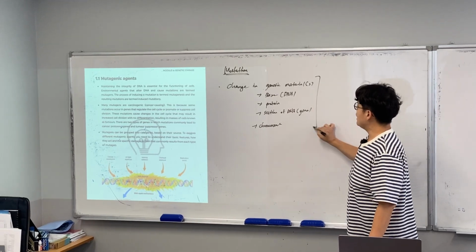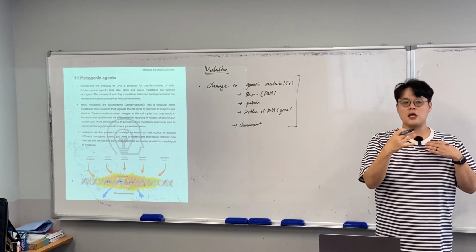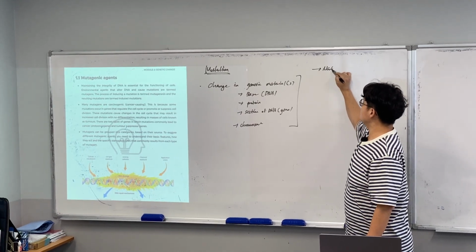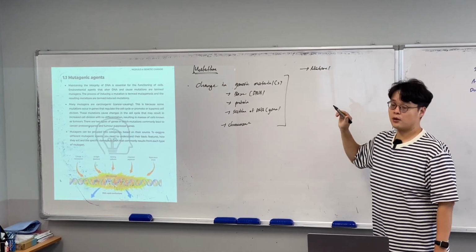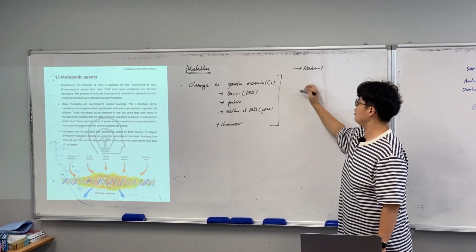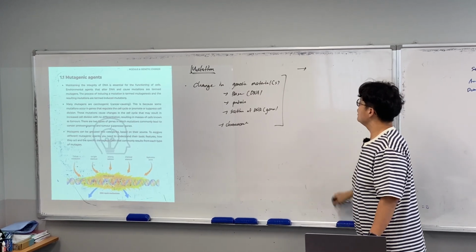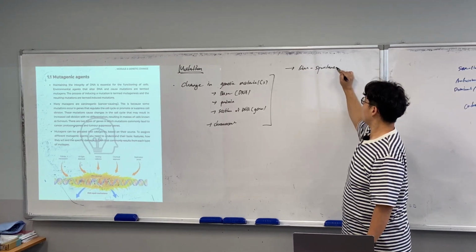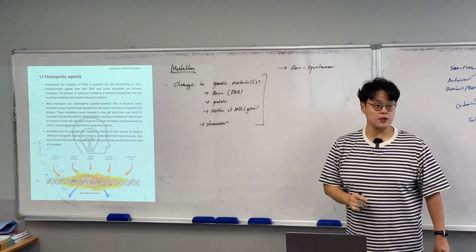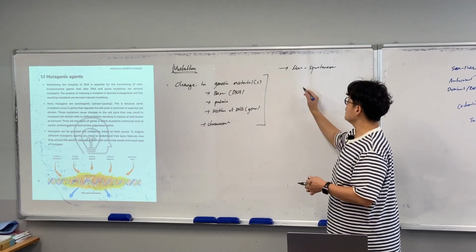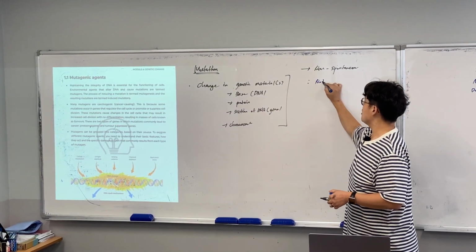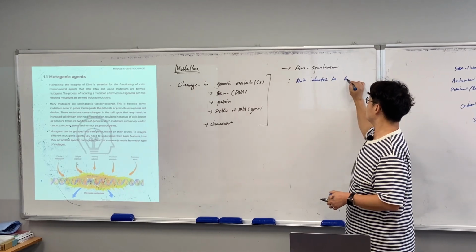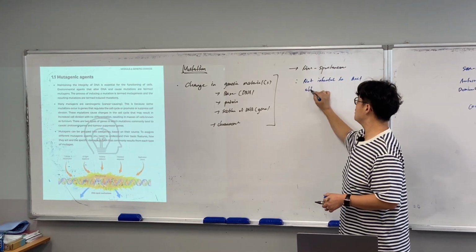Now, within mutation, we can categorize mutation into two categories. There could be a natural, or rather non-spontaneous, mutation, which means it's not inherited, it's a one-off, not passed to the next generation, the next offspring.